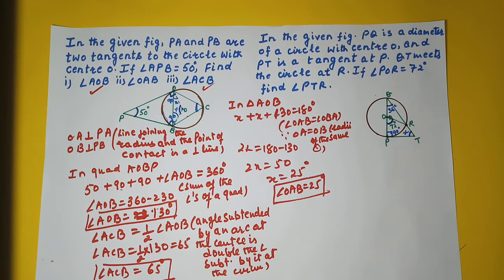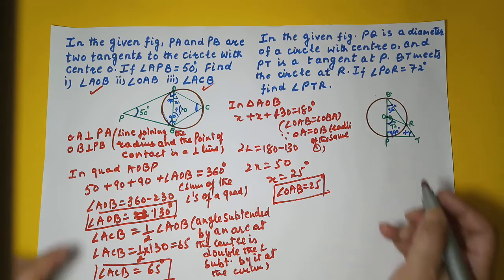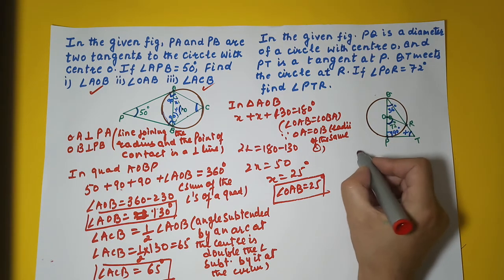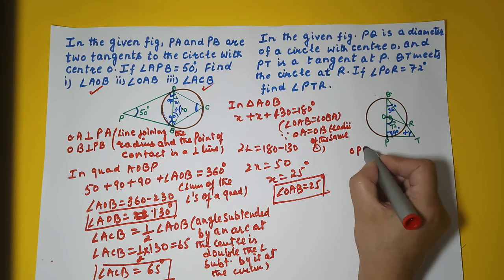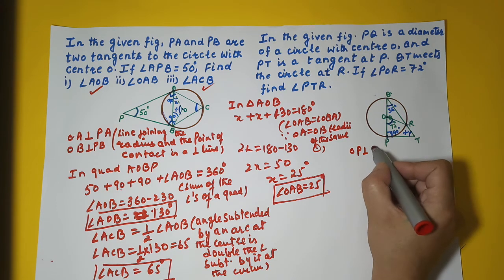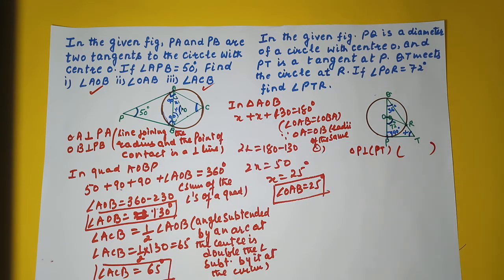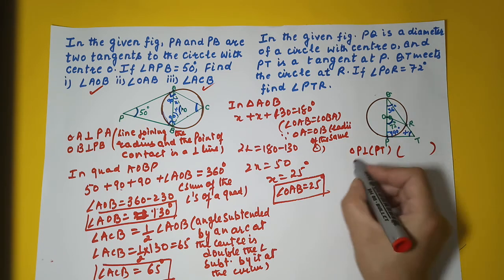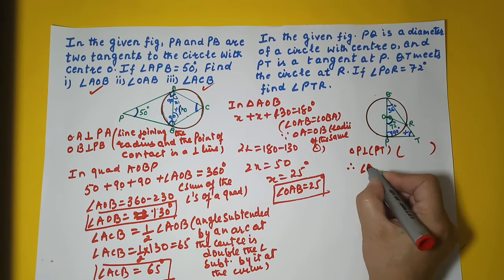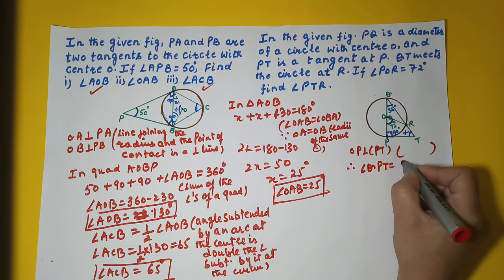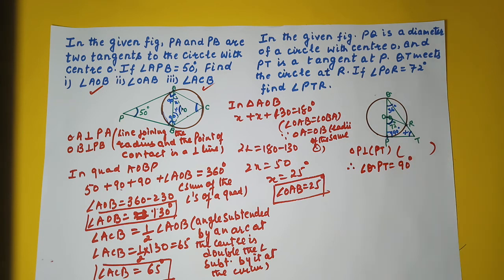Fine. So now let's write this. How will we write this? We will say that OP is perpendicular to PT, right? Reason, same: the line joining the radius and the point of contact is a perpendicular line. Therefore, angle QPT is equal to 90 degrees, right?